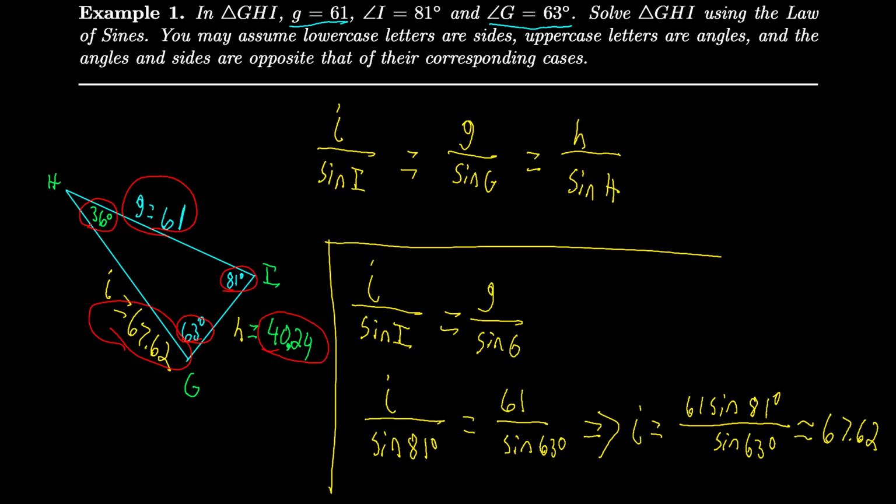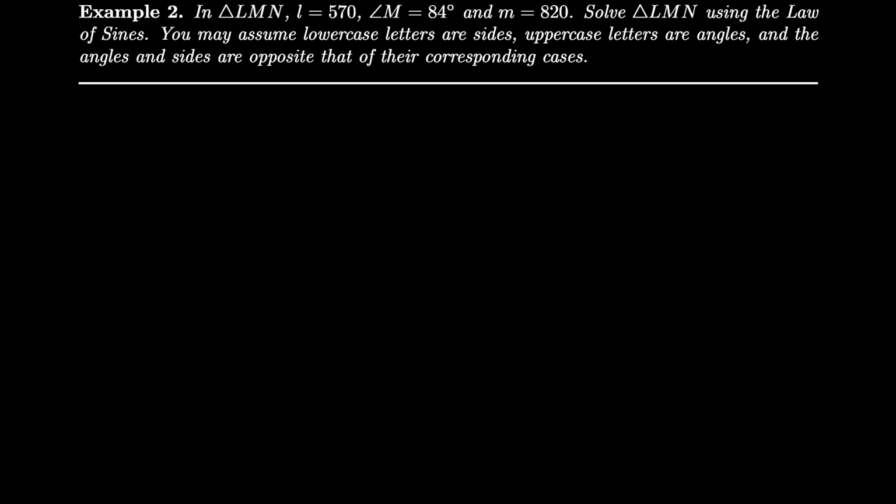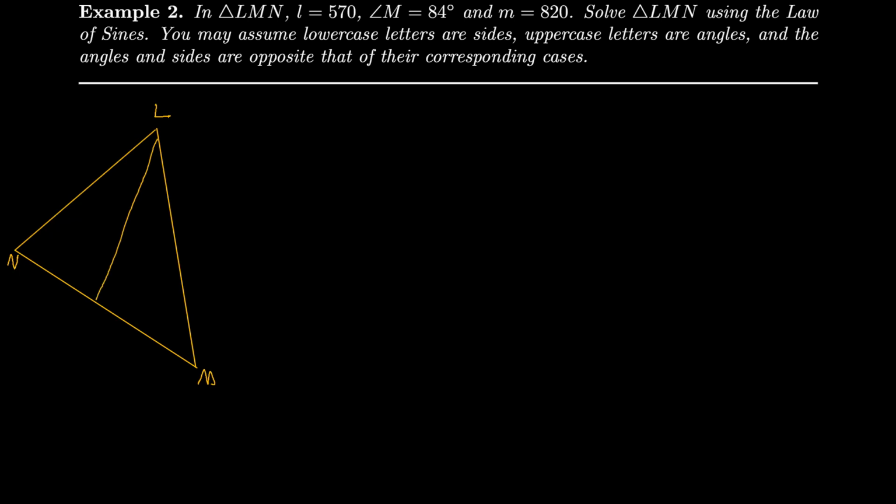All right, moving on. Let's talk about example 2 here. In triangle LMN, let's go ahead and slap that down. Let's draw it however I feel like it. I like to vary this up. So in triangle LMN, we have that little l, so that's opposite side big L, so this side over here. So little l is 570.